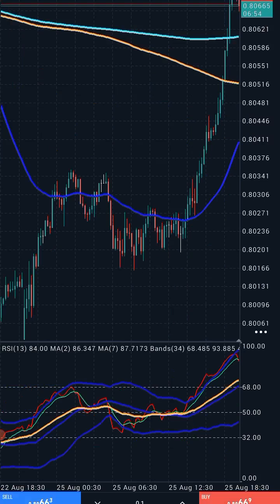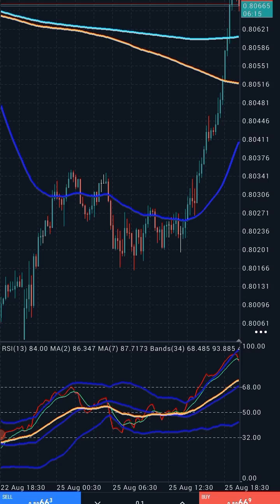Now, if there is an alignment in the three time frames, that means if 15 minutes, 1 hour, and 4 hour time frame are going for a sell, that's bearish, this means that there is high volatility in the market, and then you can ride it until you start seeing rejection of high prices in the market before you close the market.